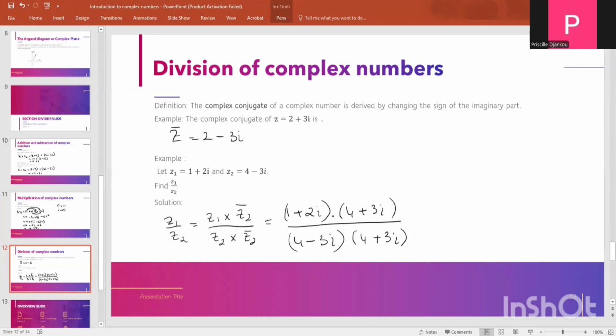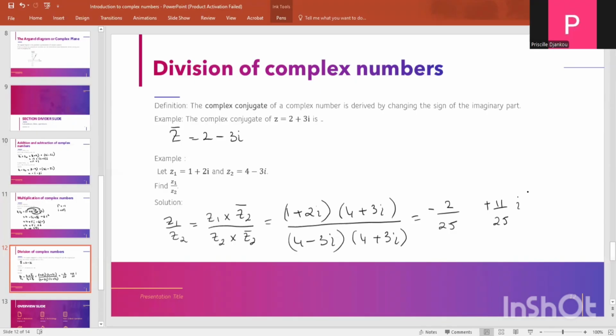You do the multiplication of the numerator as we did on the previous slide, you multiply the terms in the denominator, and then you simplify. After simplification, we obtain minus 2 divided by 25 plus 11 divided by 25 i. And that's it.